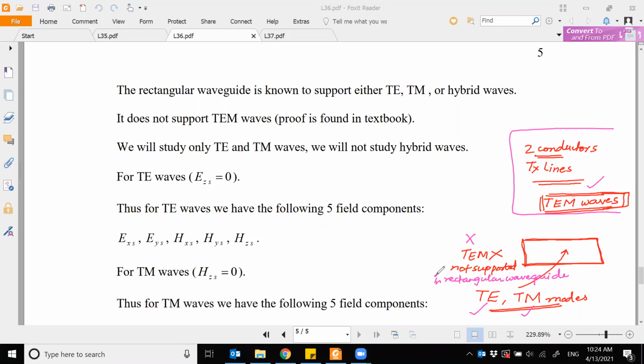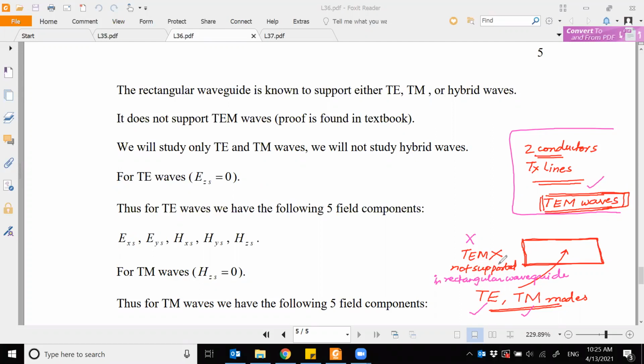This simply goes to the boundary conditions, because here the boundary conditions are quite stringent and there are several of them: 1, 2, 3, 4. In order for our electromagnetic waves to satisfy these boundary conditions, you need to have a field component in the direction of propagation, either the electric field component or the magnetic field component.